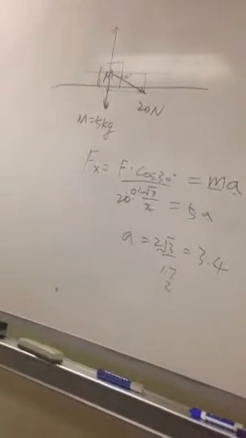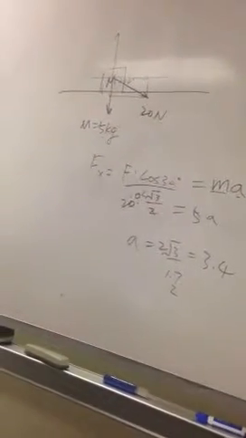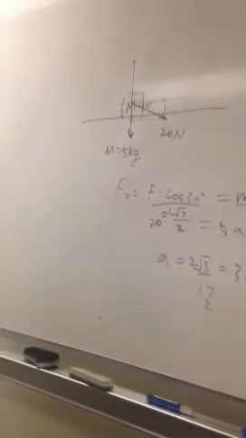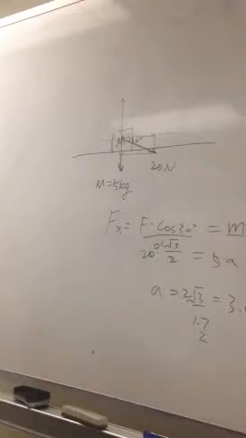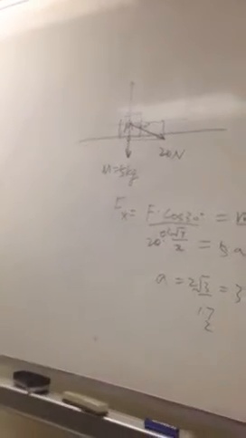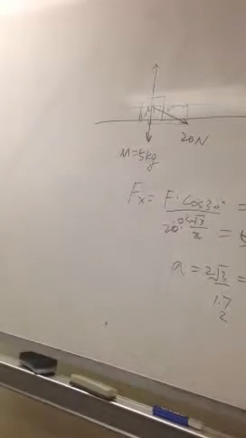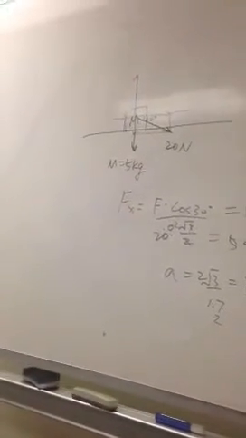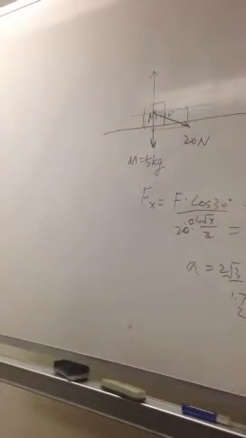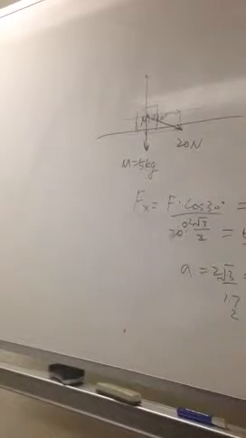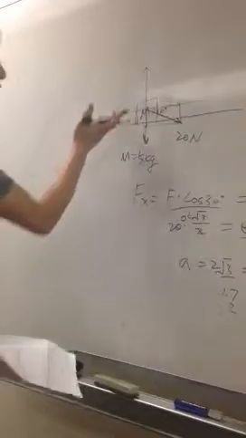What the answer is? I don't know. It's C. So the concept maybe is correct, not 30. Yeah, but the concept is right. Actually, we looking for the acceleration, and acceleration is the force divided by the mass.